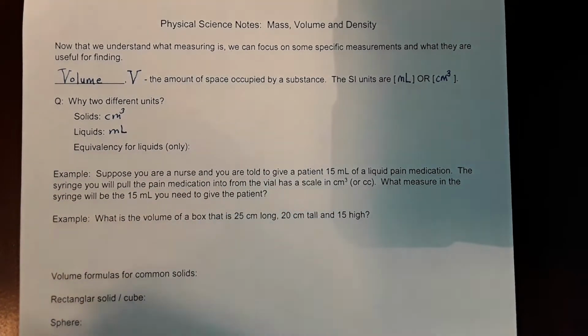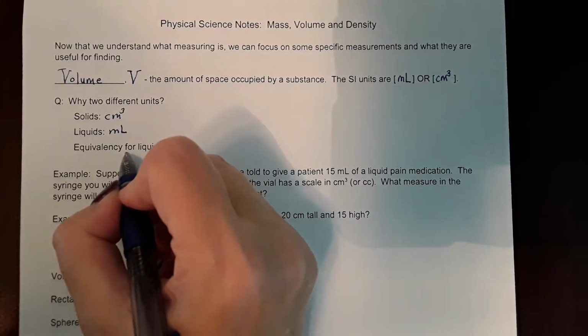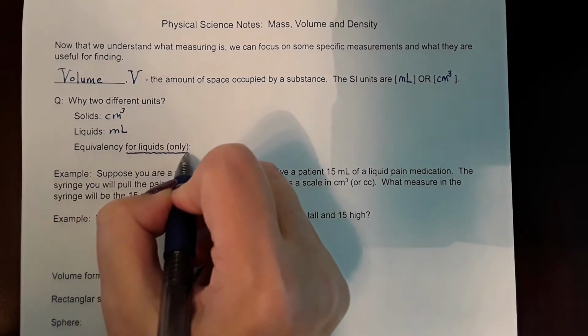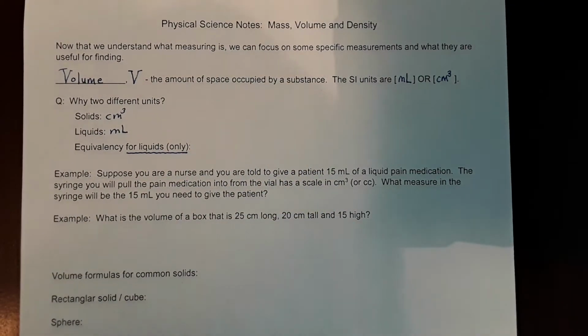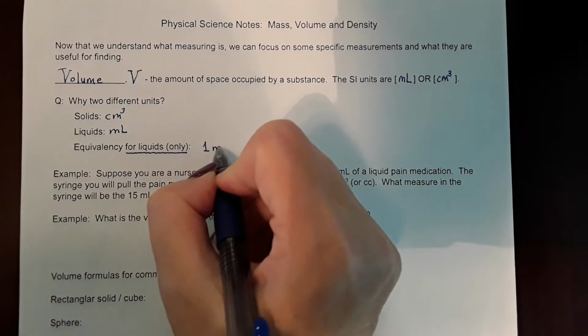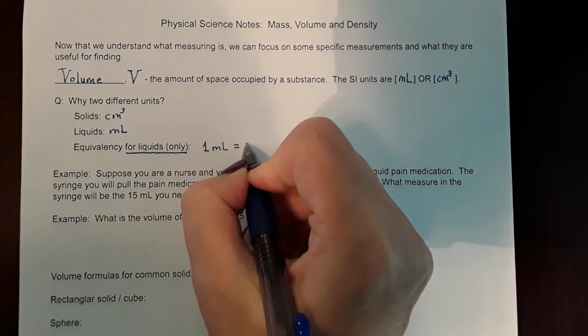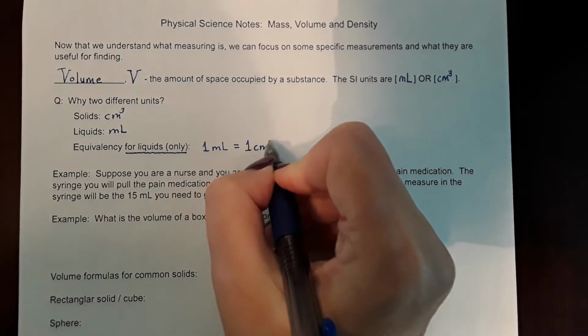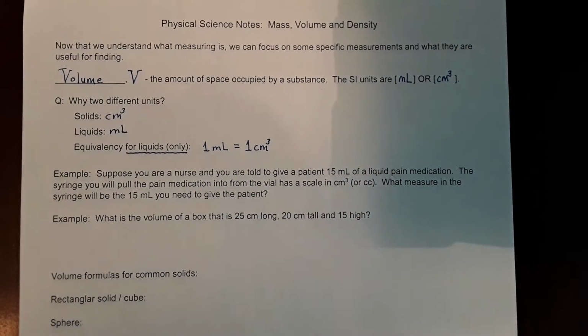Now, an interesting thing about liquids, and this is not true for solids, it's only true for liquids. Typically, 1 milliliter of a liquid is equivalent to 1 cubic centimeter of the liquid.